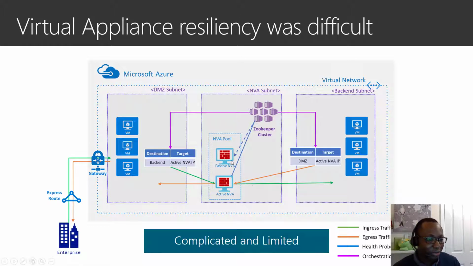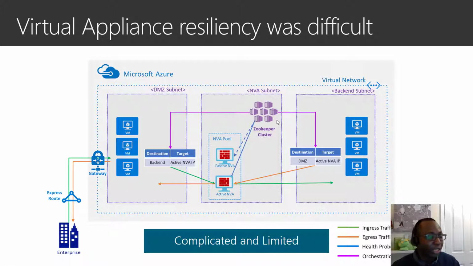What we usually had to do in the past is have an active network virtual appliance and a passive network virtual appliance, and then point our route table to the active one. And then we'll have this bunch of zookeeper cluster. I set this up in the past. Believe me, it's extremely complicated.